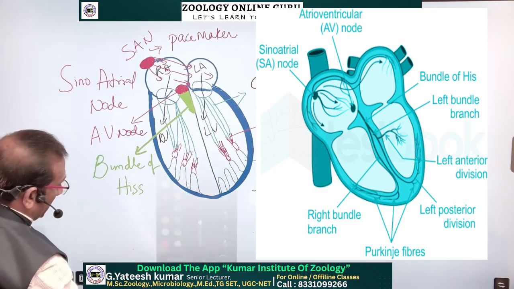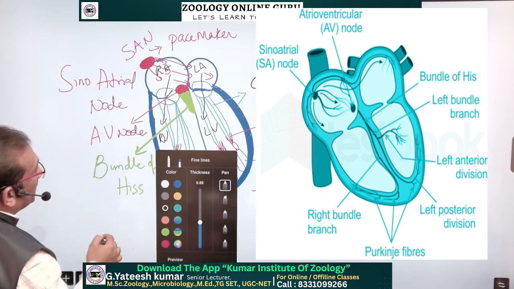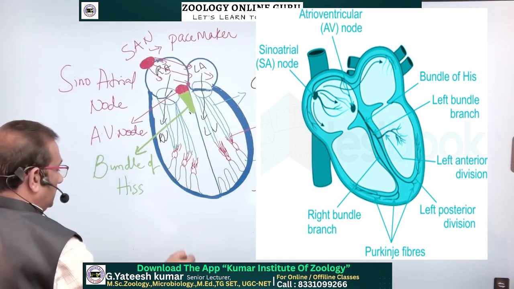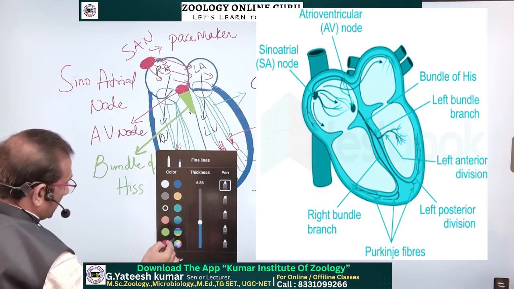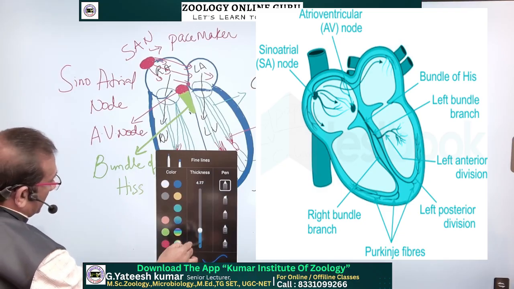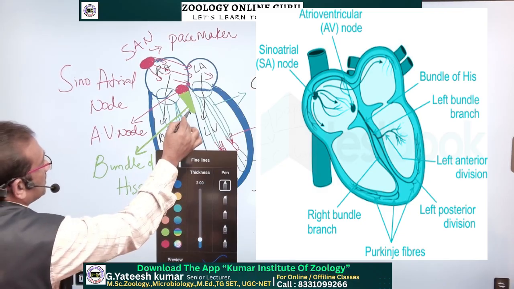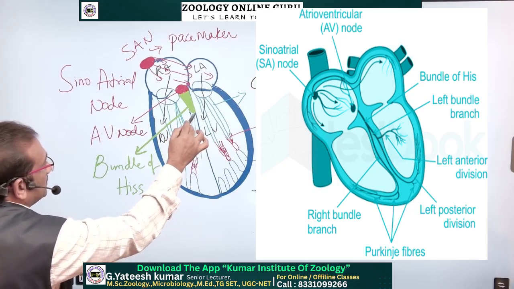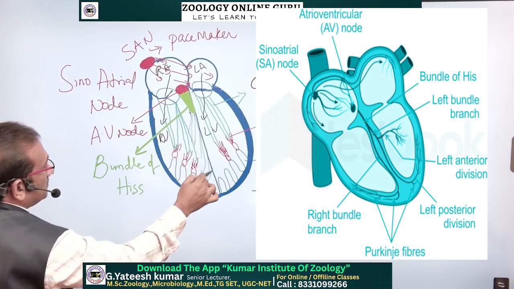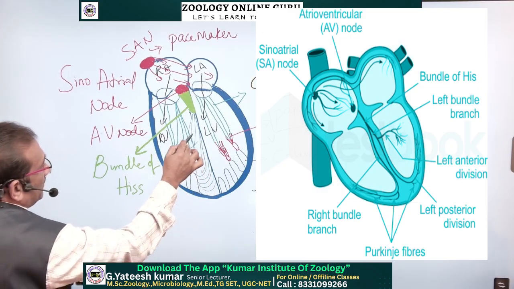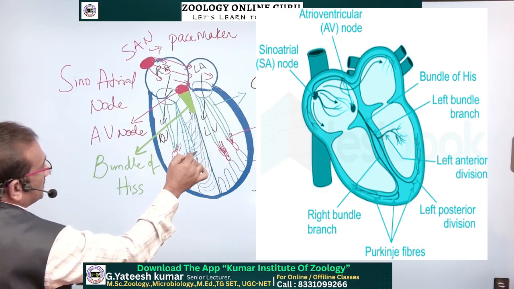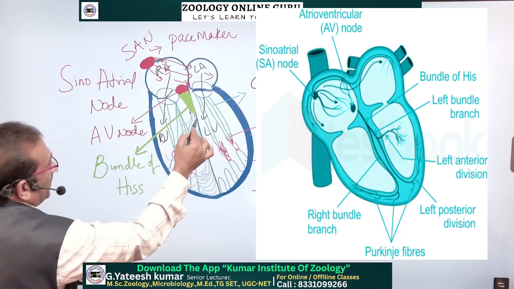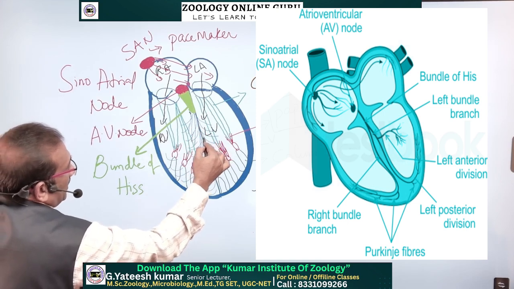From the bundle of His, on the right side and left side, the smallest fibers arise, and these smallest branches completely surround the ventricles, right side and also left side.